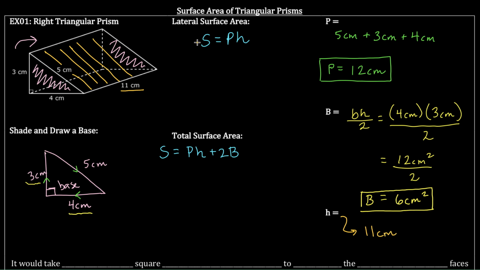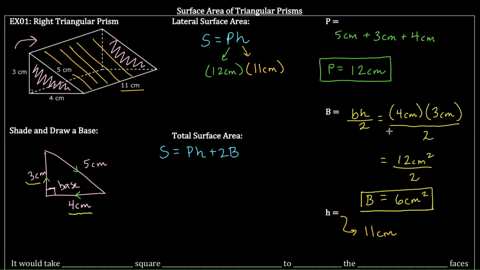All right, so let's find the lateral surface area. P was the perimeter of our base, which is 12 centimeters. And then we'll multiply it by our height, or how many layers we have, which is 11 centimeters.